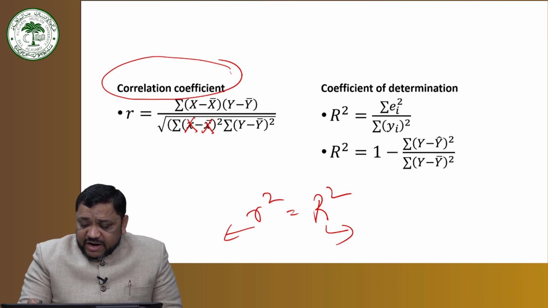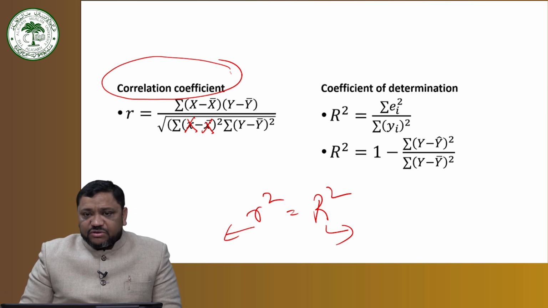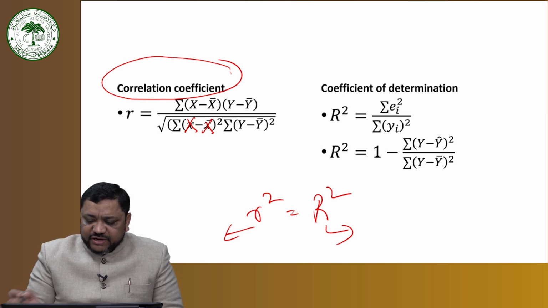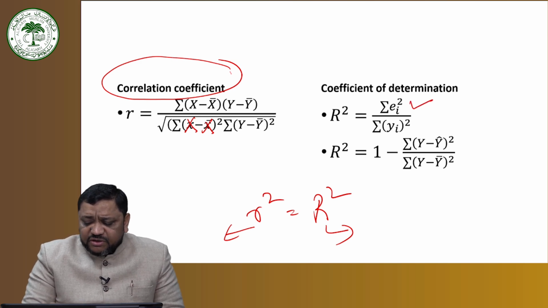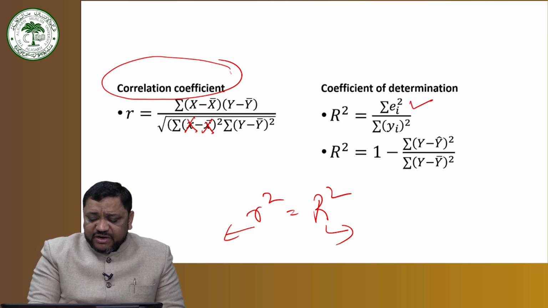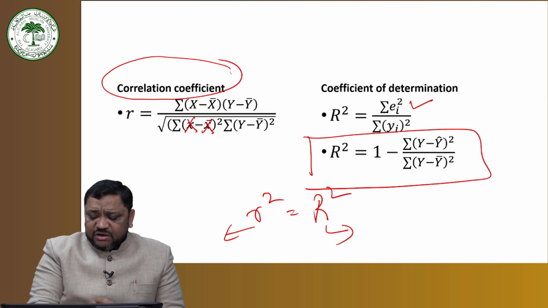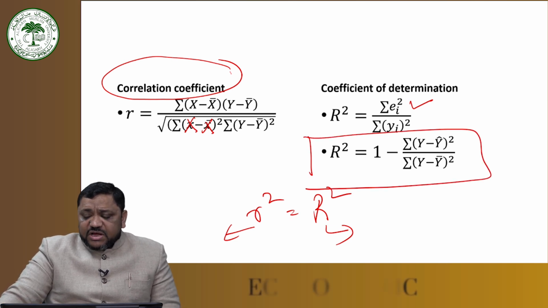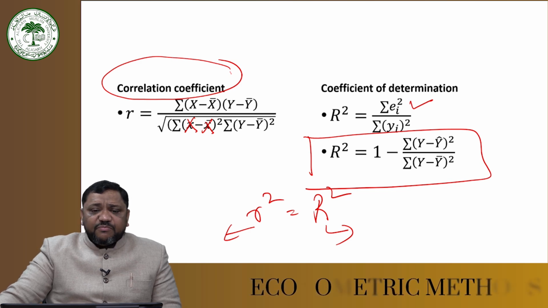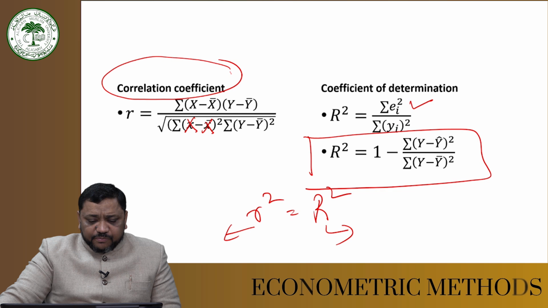And regarding the coefficient of determination r square, which we use in our discussion of regression, this r square is equal to summation e square divided by summation y square. As we saw in our previous slide, r square is equal to 1 minus summation y minus y hat whole square divided by summation y minus y bar square.